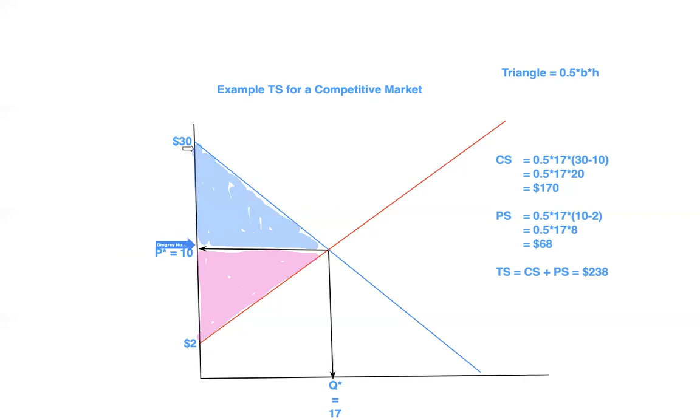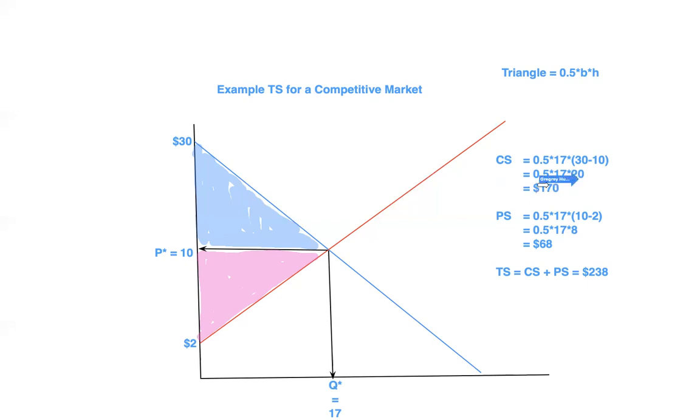That's the height of the triangle. And so I have 1/2, 17, that's the base, times 30 minus 10, which we know is going to be a distance of 20 units on the vertical axis. So it's 1/2 times 17 times 20.